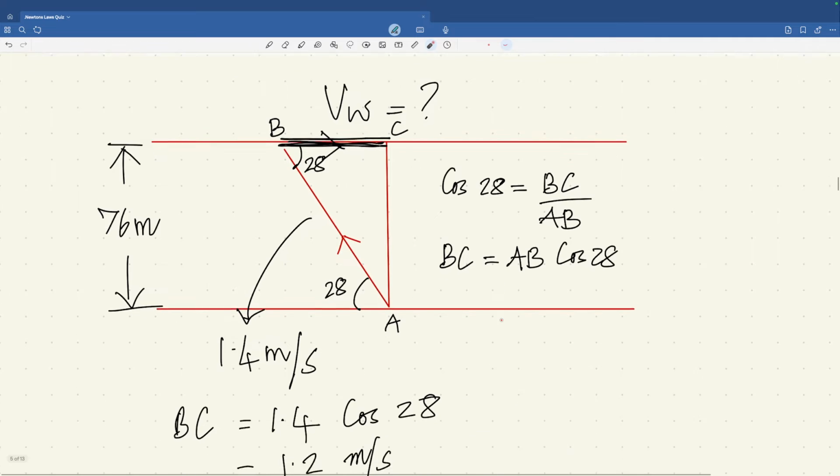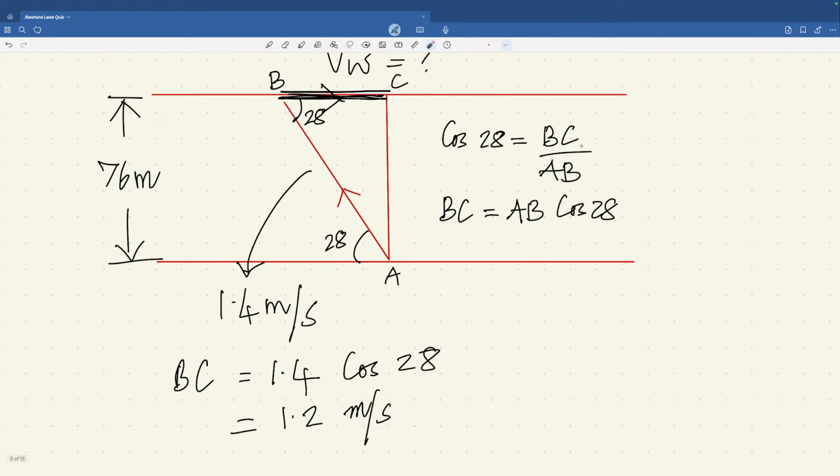Therefore, cosine 28 is BC by AB. You rearrange that: BC is AB cosine 28. And AB is 1.4, so 1.4 times cosine 28 is 1.2 meters per second. So that is the speed or the velocity at which water is flowing.